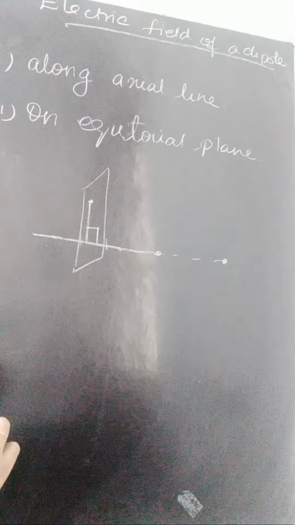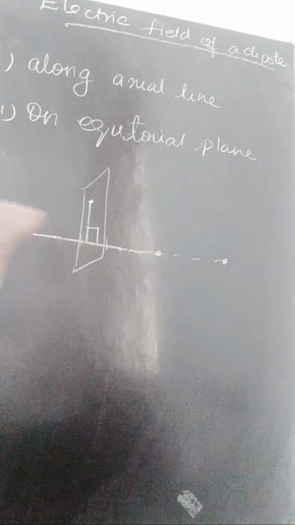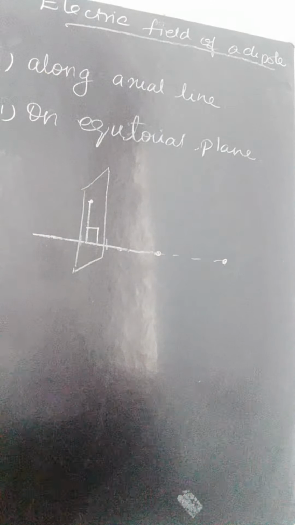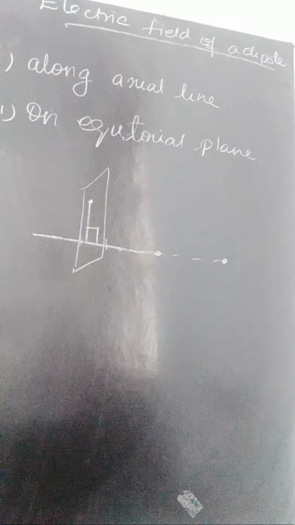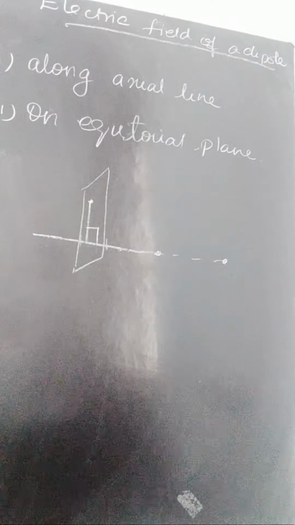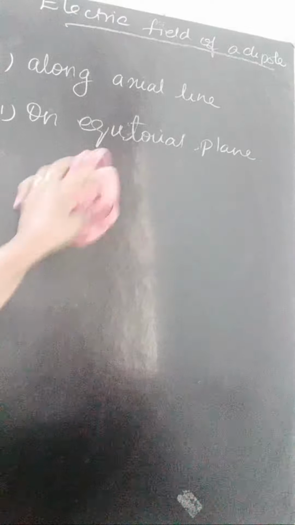So the axial line is nothing but 0 degree, it should lie on the same axis. And the equatorial plane is what lies at 90 degrees with respect to the axis of the dipole.